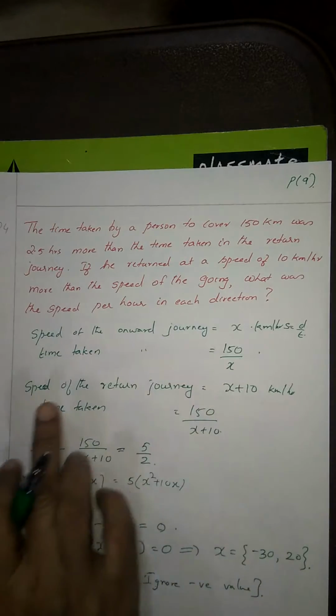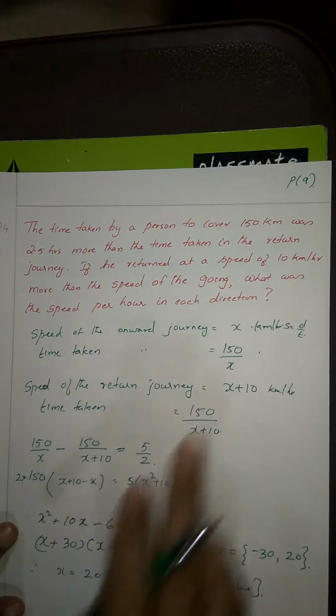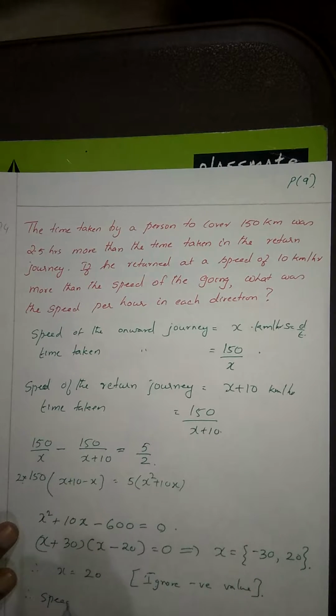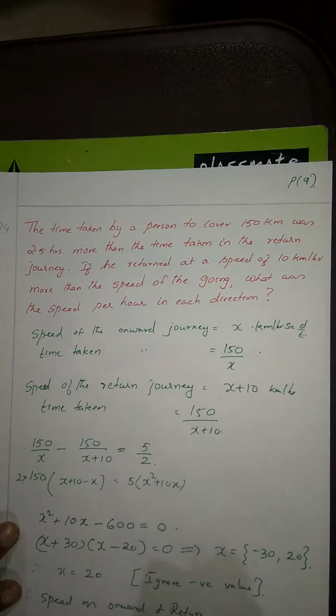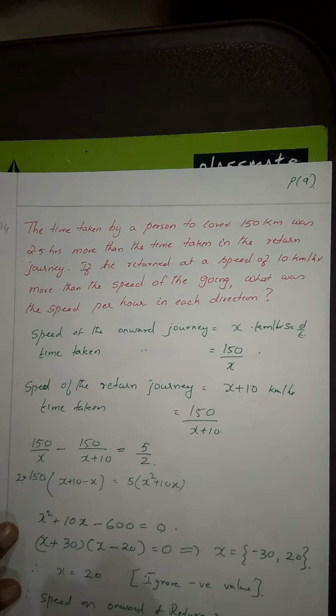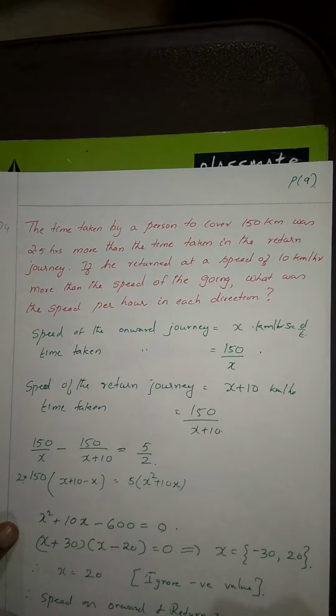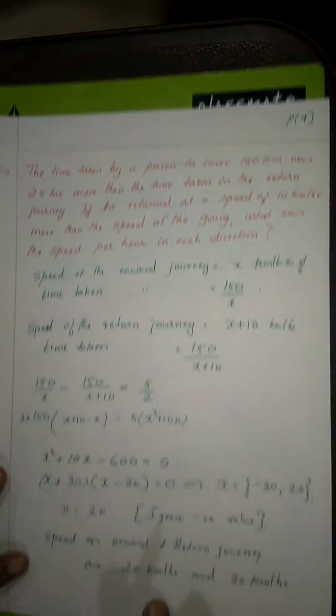So the speed of the return journey is 20 plus 10, 30. Therefore the speeds of onward and return journey are 20 kilometers per hour and 30 kilometers per hour.